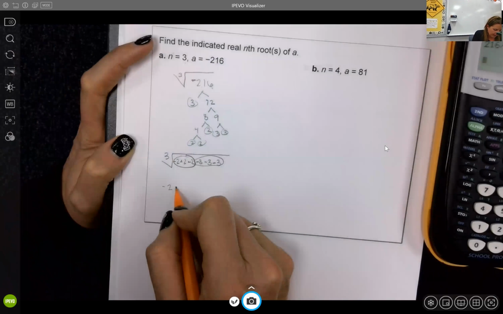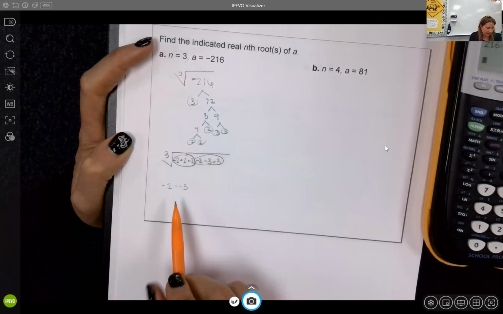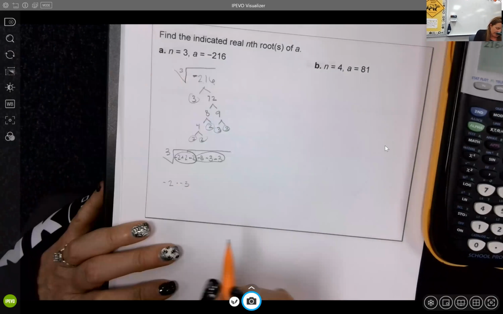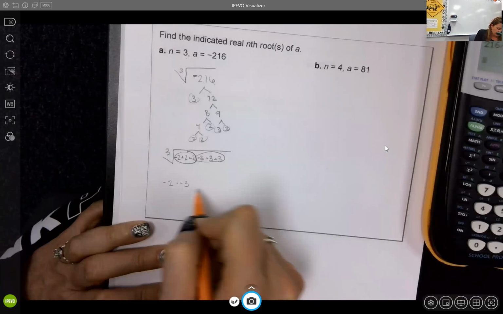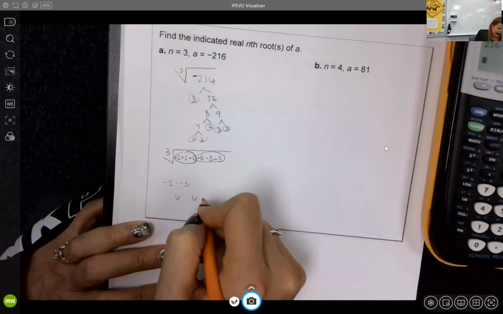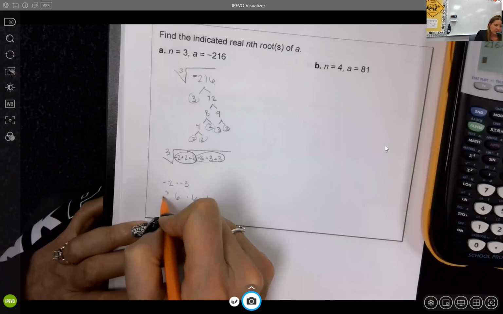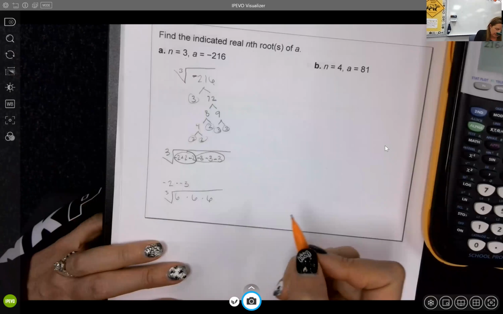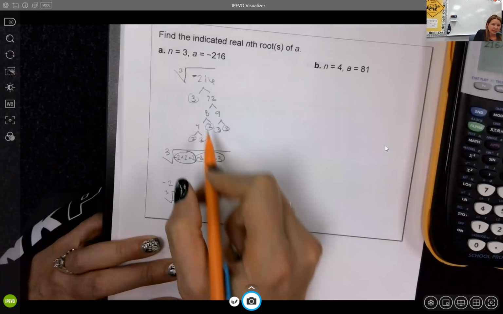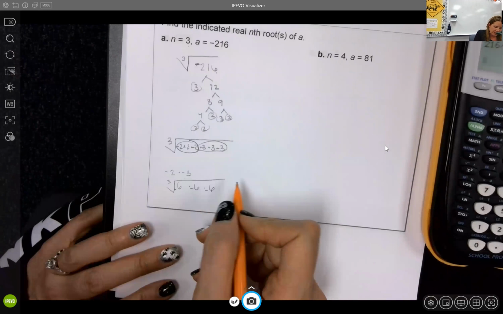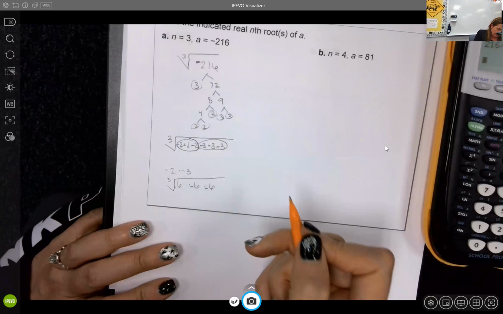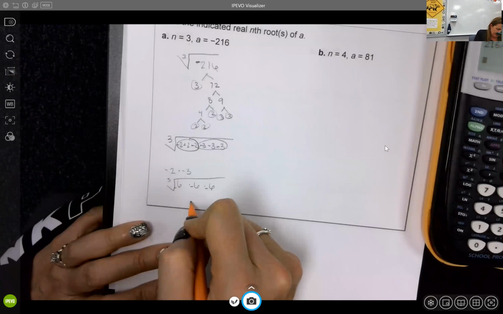Now, we have to be careful because I'm not going to multiply this negative times this negative because then I'm going to get 6. So if 6 is my cube root, then I'm saying that 6 times 6 times 6 gives us the cube root of 216. These would have to be negative to multiply to negative 216. Okay, so sometimes it's easier to not do the negative until the very end. And I would get negative 6 as our answer.